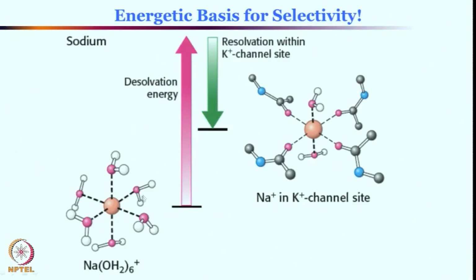The size cannot be shortened because the water molecules cannot be released. Therefore we see that potassium, having higher atomic radii but easier ability to remove these water molecules because the hydration energy is less, selectively can go through this channel.